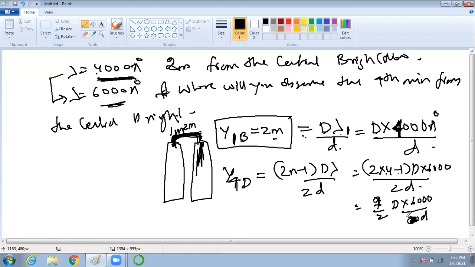Can we take a ratio of that? Your y1b is what? So your 2 equals D into 4,000 by d.